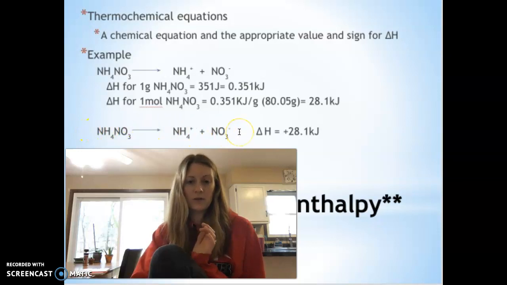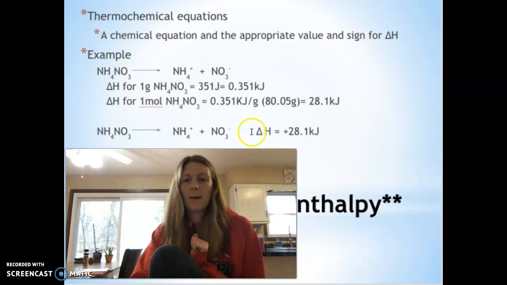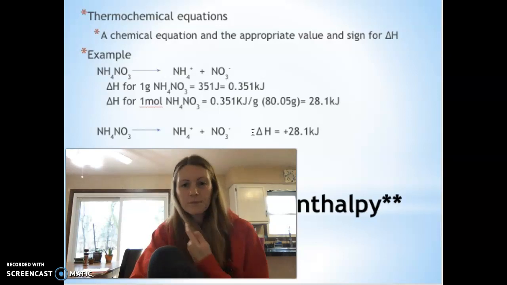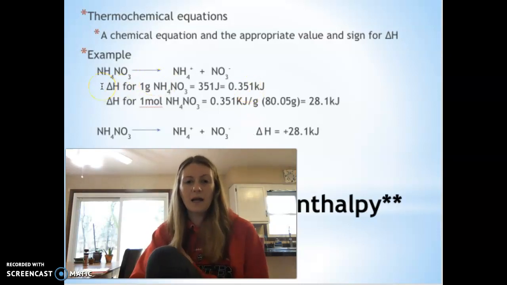Notice it's a 1:1:1 mole ratio, but the delta H for that would be 28.1 kilojoules, which we can figure out experimentally by taking 1 gram of the NH4NO3 and actually decomposing it and figuring out what that temperature change is, and then using Q equals mc delta T to figure out what the Q is. And again, because Q and H are equivalent under a constant pressure, then you can say that if the Q is 351 joules, our delta H is 351 joules.